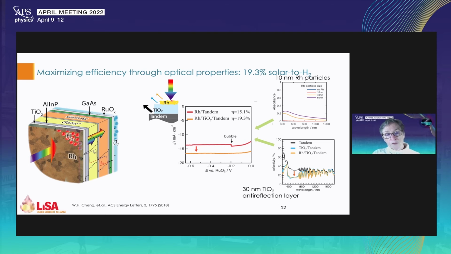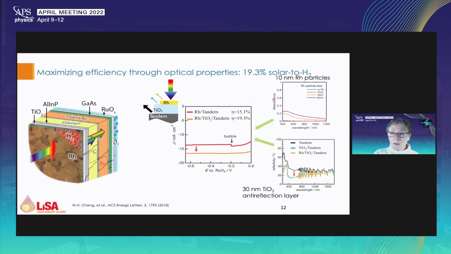Well, it turns out that if you manage the optical properties of these layers properly, you can actually get a very efficient light transfer through them and optimize the efficiency of the solar to hydrogen conversion, which in this device was shown to be near theoretical, which is 19.3% solar to hydrogen.